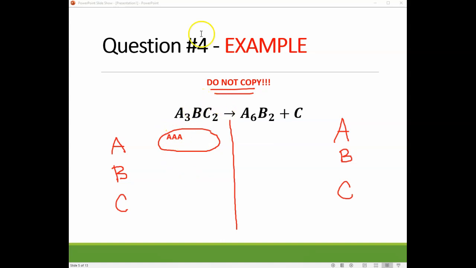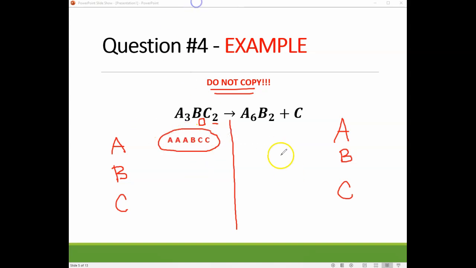I also have a B, which has a blank subscript, so that's just 1 B, because blanks mean 1. And then right here you can see I have a 2 on my C, and so that would be 2 C's right here.